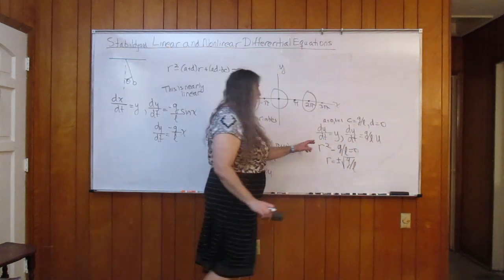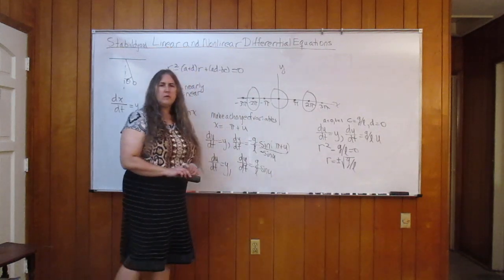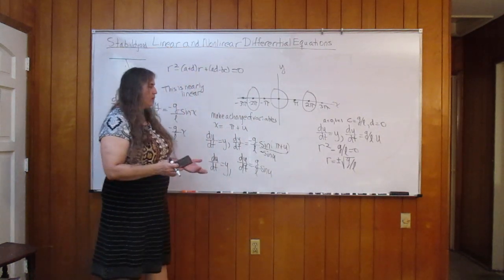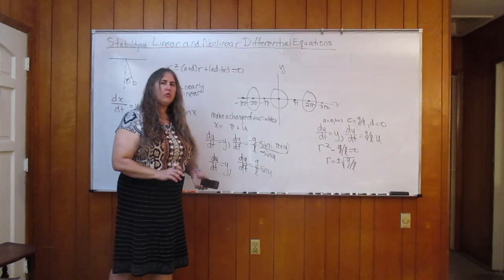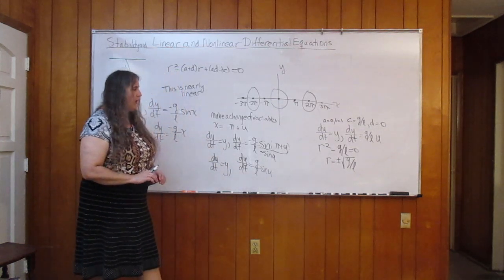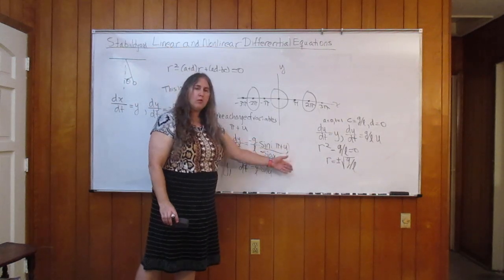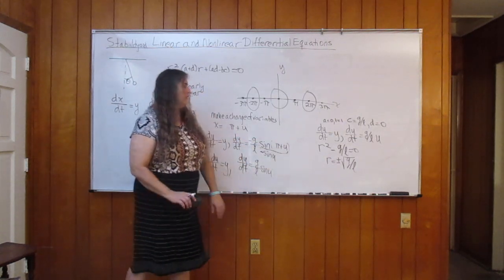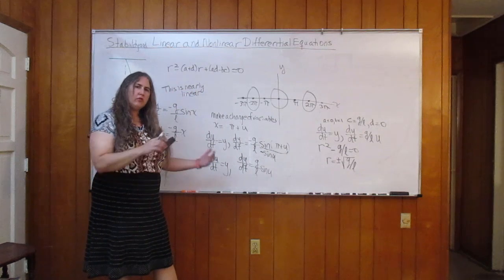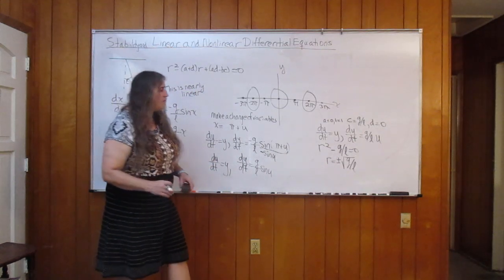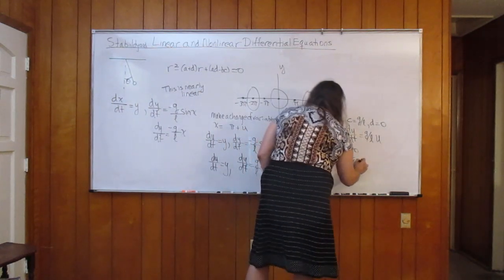Now in this case, the characteristic equation is just going to be r squared minus g over L is equal to 0. I solve for that. It's plus or minus square root of g over L. Now, what kind of critical point is this system going to be? Well, look back to the linear system. That, in fact, is going to be a saddle point.